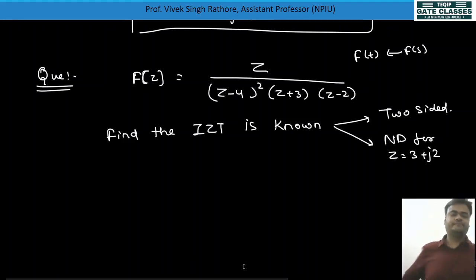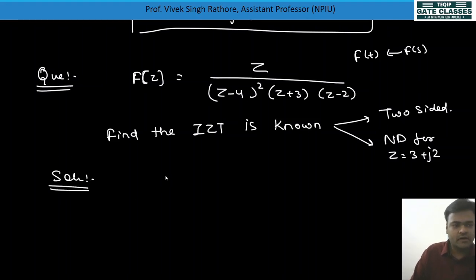So what we need to understand is that we need to calculate f of n, and multiple f of n will come. We know that f of n will be two-sided, and it will not be defined for z is equal to 3 plus j2.